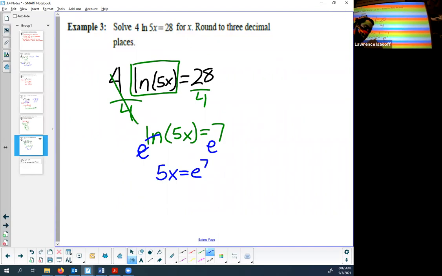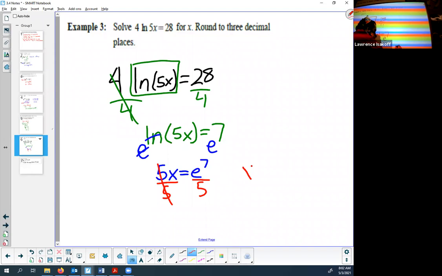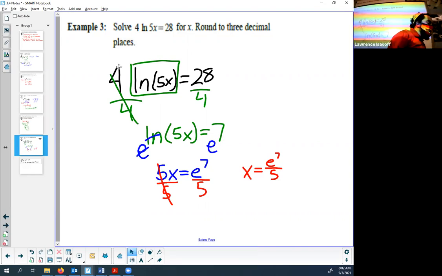If we wish, we can divide both sides by 5 and give ourselves a very exact answer here of x is equal to e to the 7th power divided by 5.